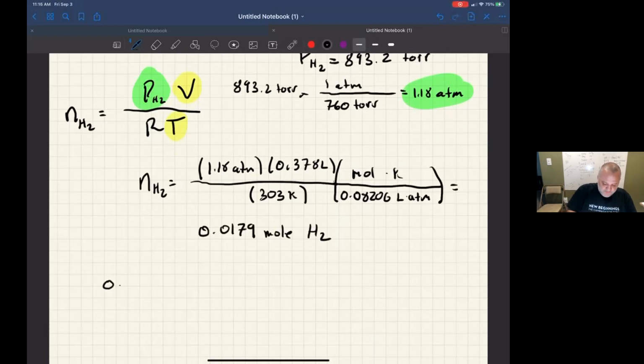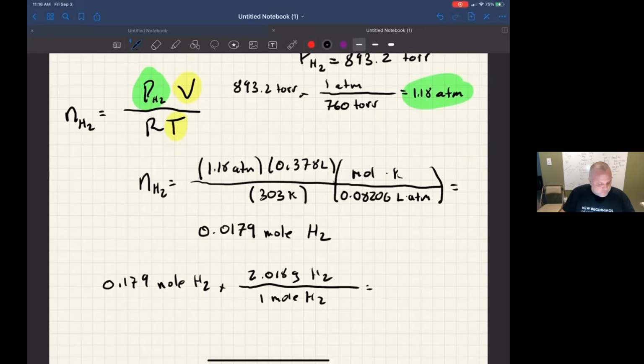And I've got one more step. I have to convert H2 in moles to H2 in grams. And so I have to use the molar mass to do that. 2.018 grams of H2 is equal to 1 mole of H2. And so the final answer is 3.62 grams of H2.